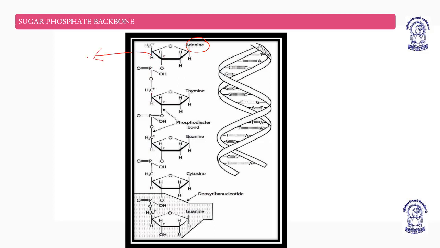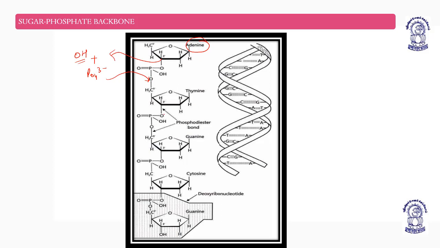This pentose sugar has an OH group on the 3' end, which combines with the phosphate group on the 5th carbon of the second nucleotide. So this is adenine and this is thymine.